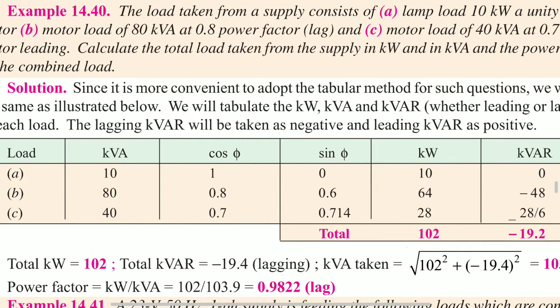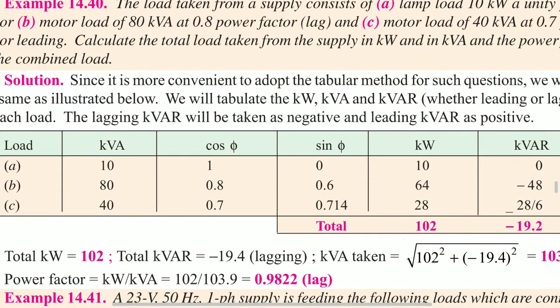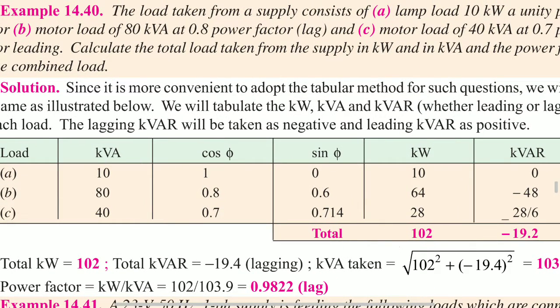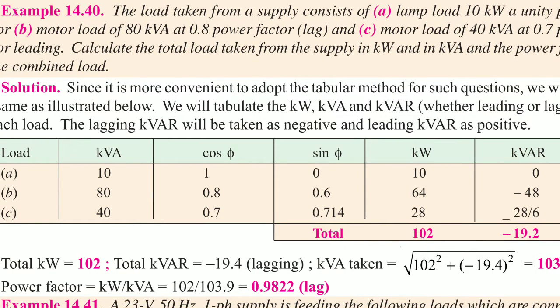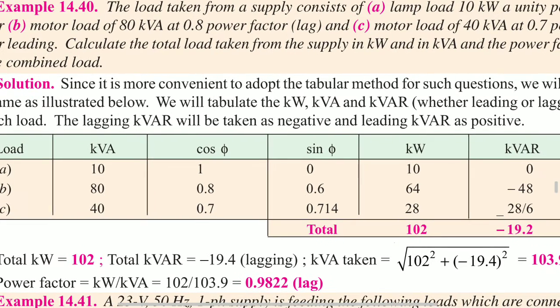How much is cos phi? Cos phi is 1. What about sin phi? Sin phi is 0. Why 0? Because phi is 0 degrees, and sin 0 is 0. How much kW? kW is 10 kilowatts.